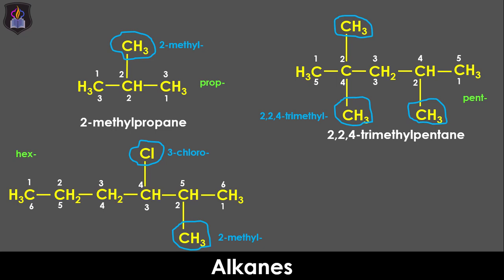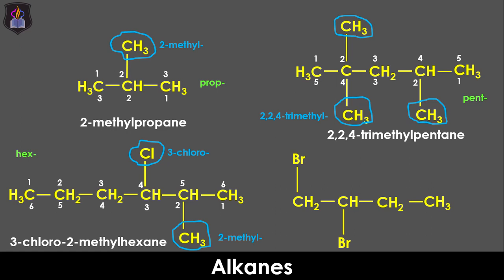But that is wrong, because we did not take the alphabetical order into consideration. Therefore, arranging the substituents alphabetically, the correct name of the compound is 3-chloro-2-methylhexane.